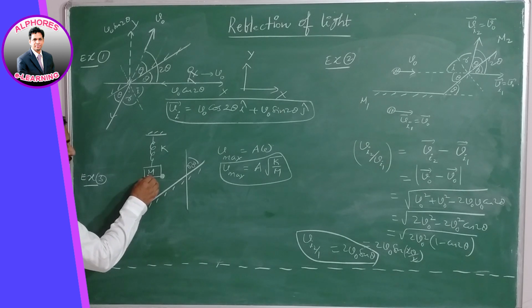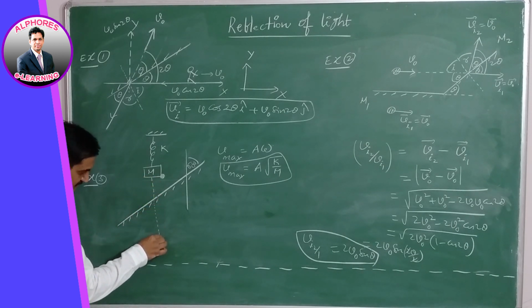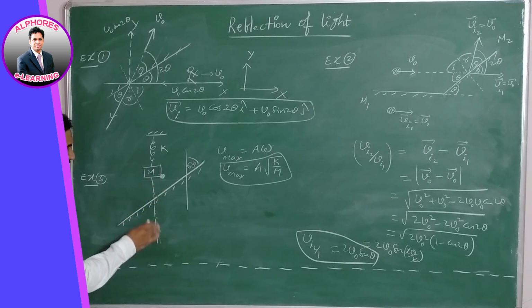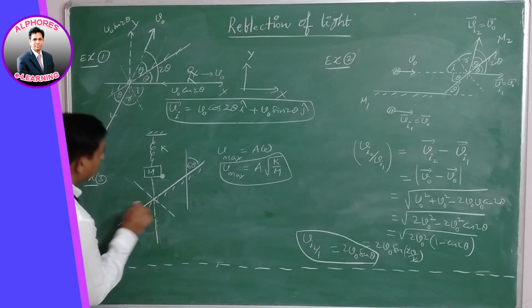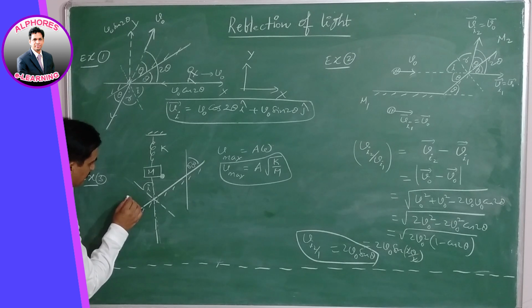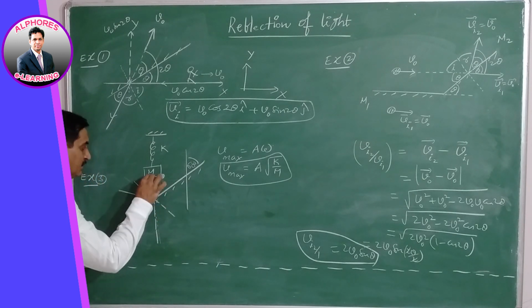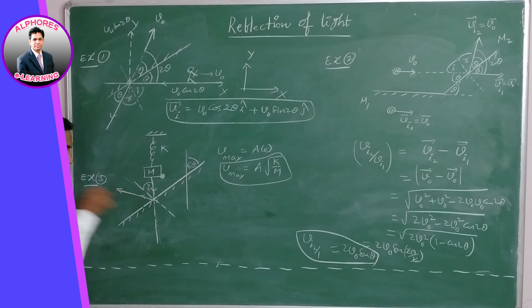Now, consider a light ray in this direction. A normal is drawn to the plane of the mirror. This is the angle of incidence and this is the angle of reflection. Light incident on the plane mirror undergoes reflection in this direction.